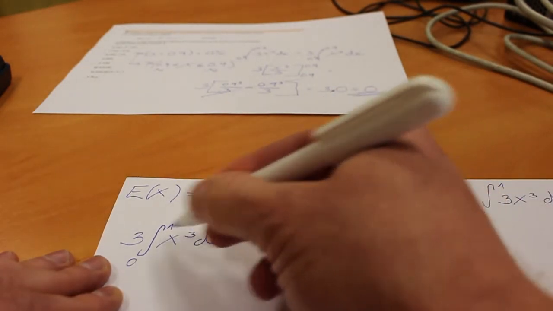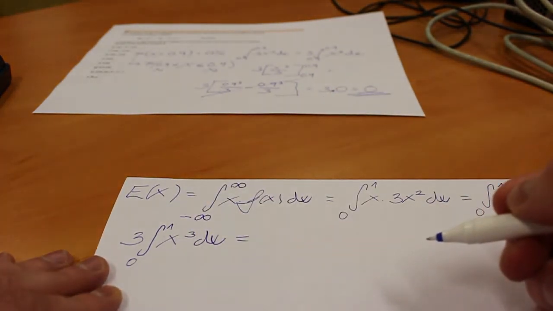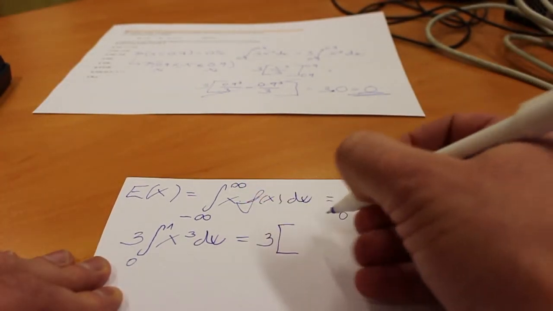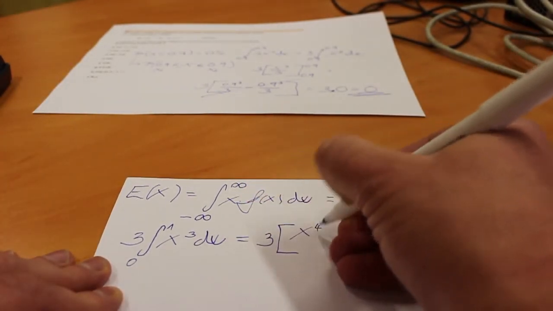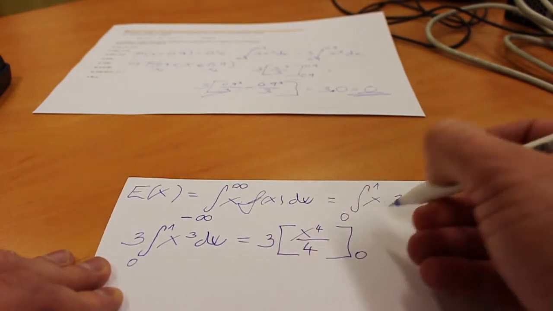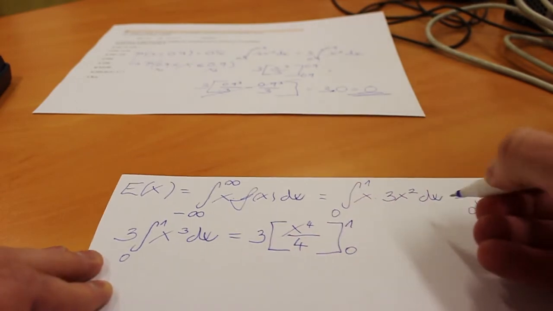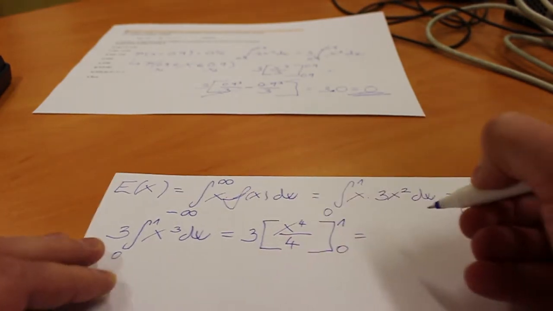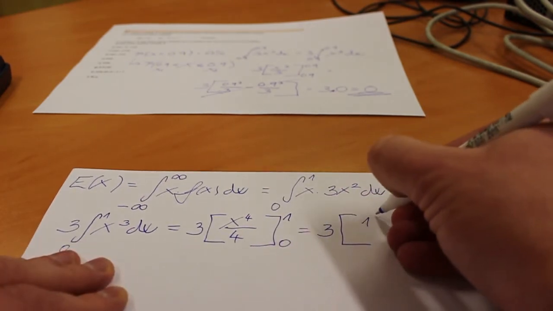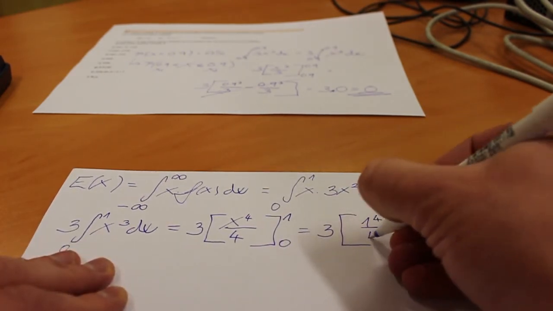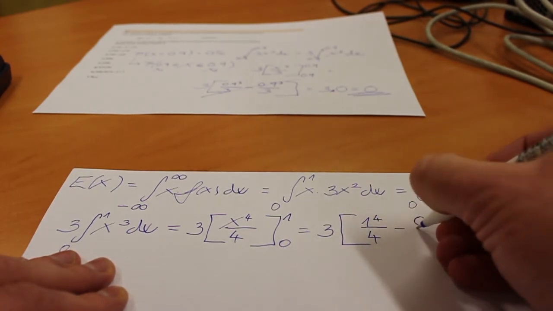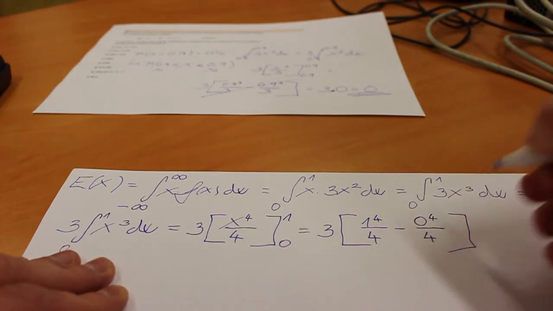This is a simple function which can already be integrated. So there we have 3 times the parenthesis x to the power of 4 divided by 4, lower bound 0, upper bound 1. We can calculate the difference: 3 times 1 to the power of 4 divided by 4 minus 0 to the power of 4 divided by 4.